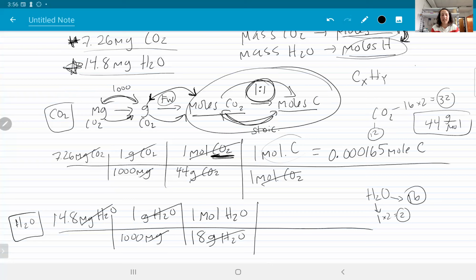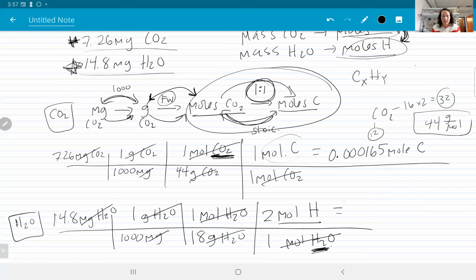And I have to get to, like, where this step was here. Moles of H2O, I got to get to moles of hydrogen. So if I have 1 mole of H2O, water, how many moles of hydrogen are in 1 mole of H2O? And the answer is 2, right? It's 2 hydrogens and 1 oxygen. So 2 moles of hydrogen. Get rid of that right there. And moles of H2O cancel, and I'm left with moles of hydrogen.